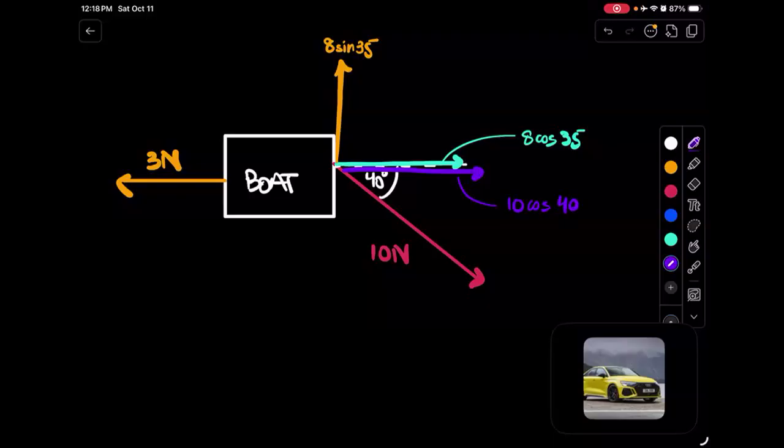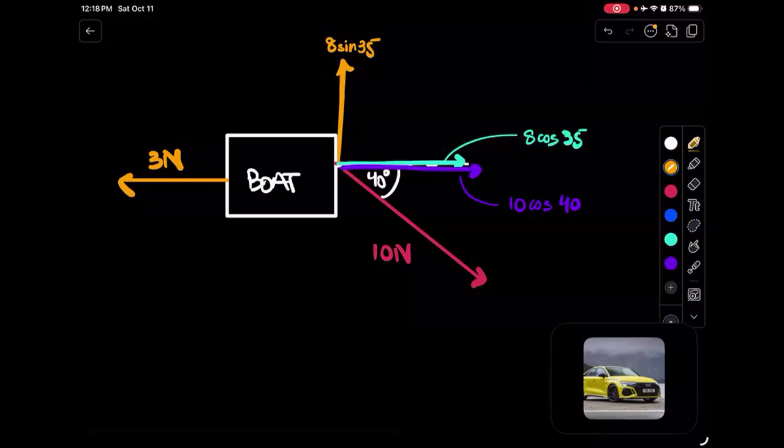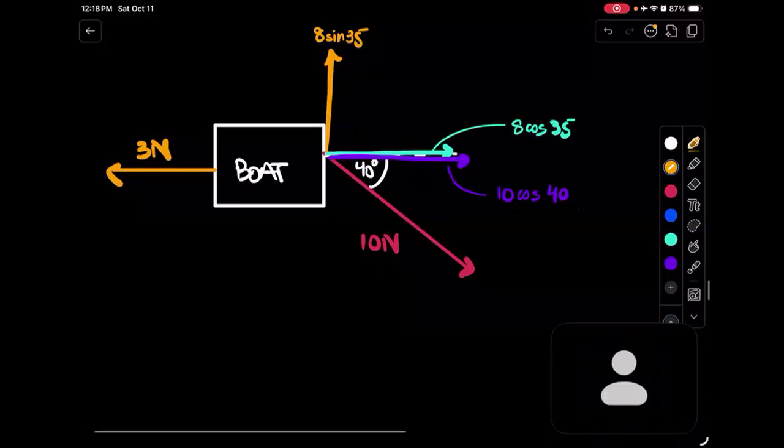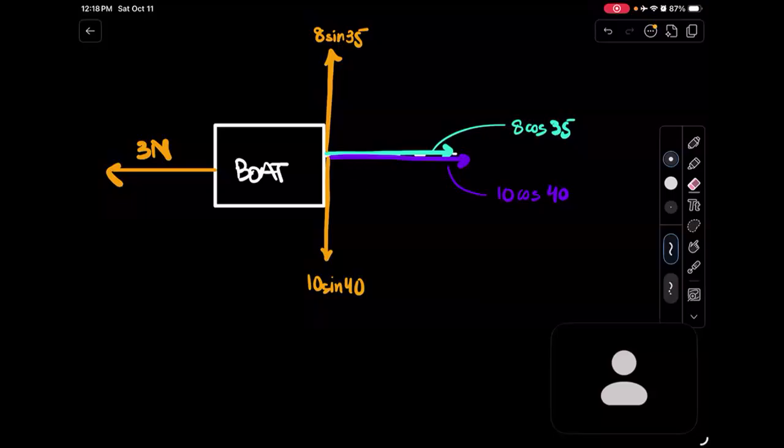And what is going to be the vertical part? Yes, Anya. It's going to be 10 sine 40. That means I can now get rid of this force, and I've replaced it with these two forces.